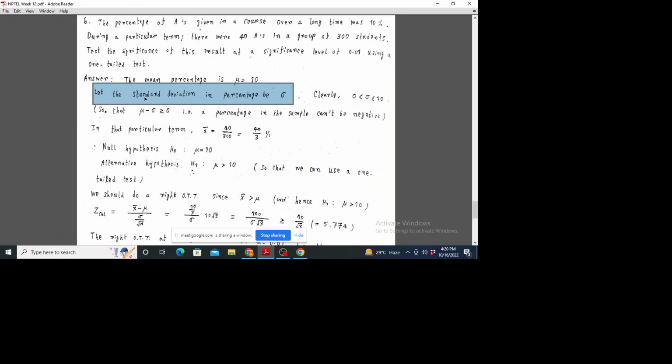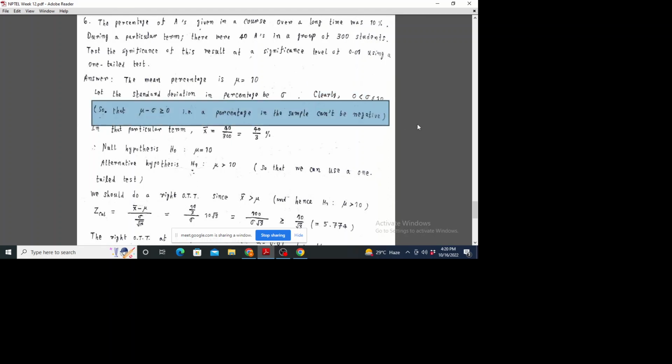Let the standard deviation in percentage be sigma, and now you see, the percent has to be greater than 0, right? It cannot be negative. Yes, sir. So that means mu minus sigma must be greater than or equal to 0.